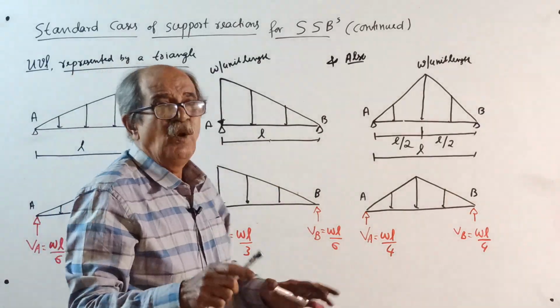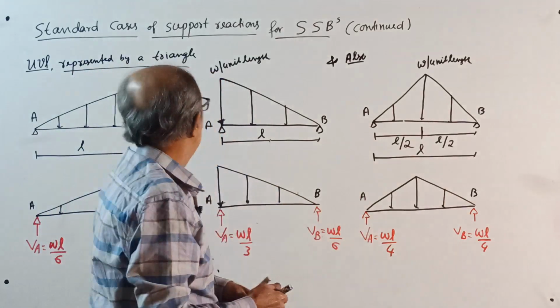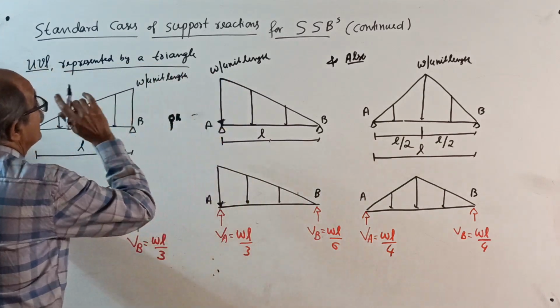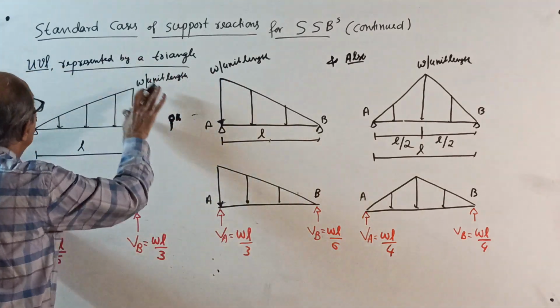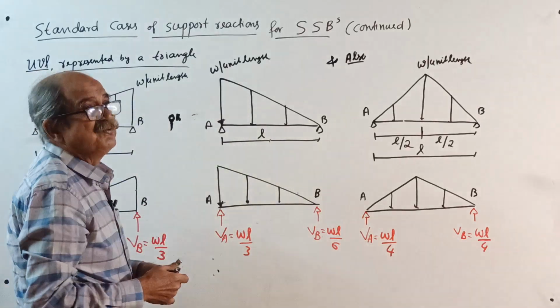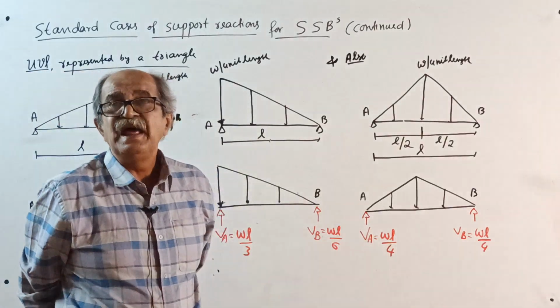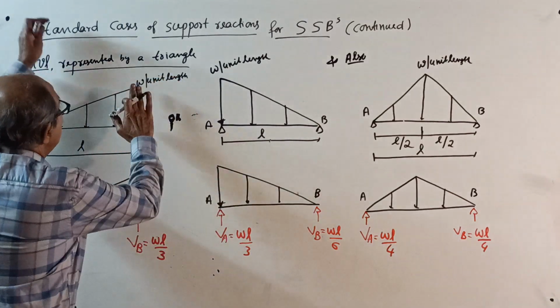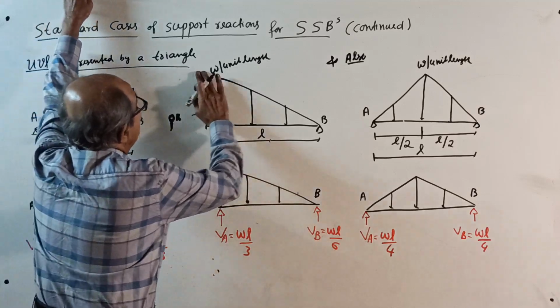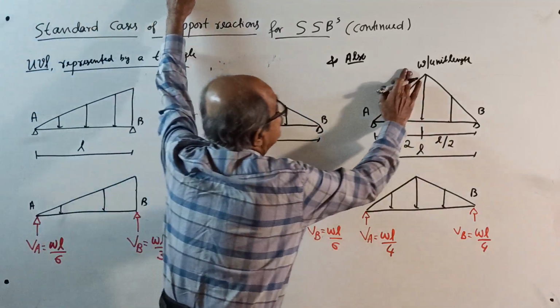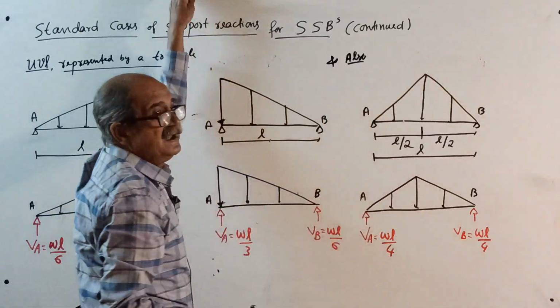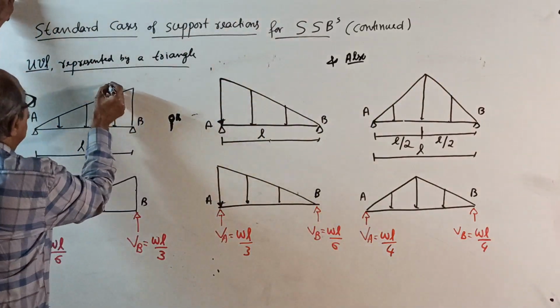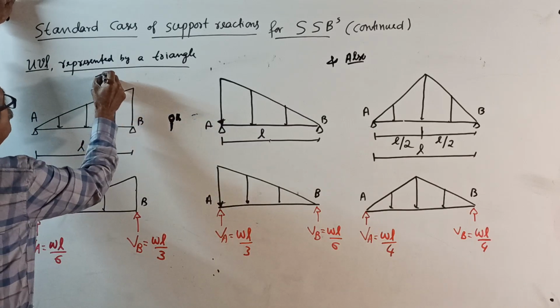Now one small second round. Make a note here. Once again you have to write: instead of intensity given, if the total load is given. Suppose intensity is given, but in the question it is given as total load.